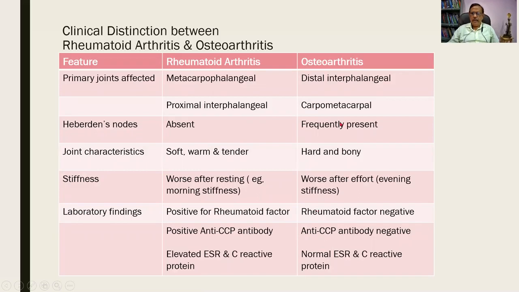This tabular column I will not go into, but I put it intentionally because osteoarthritis is a question. And all the details are given here, go through them. For example, rheumatoid factor positive, anti-CCP is positive, ESR, etc., which are negative over here. So this particular one you will study. This is also a question for you in pathology.